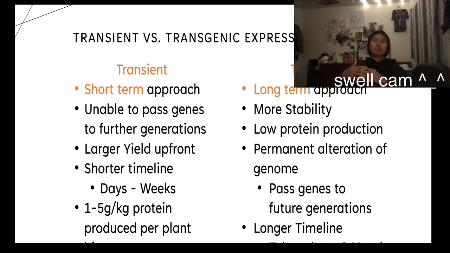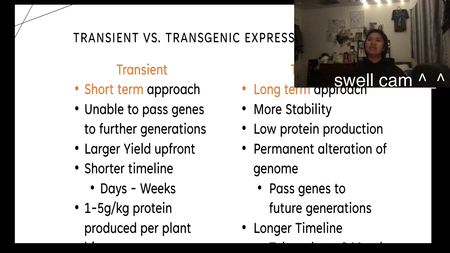It is more long term since the genes are being integrated into your host's genome. So that means that the genes will be passed on from generation to generation, making it more stable for your protein production. But this does take a longer time, about 6 months.